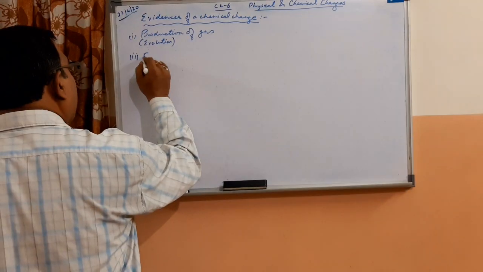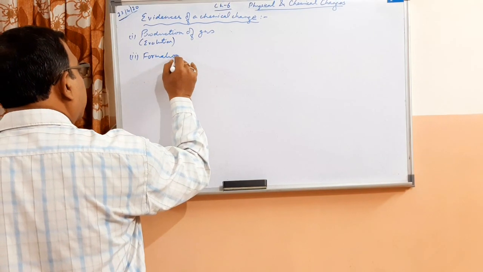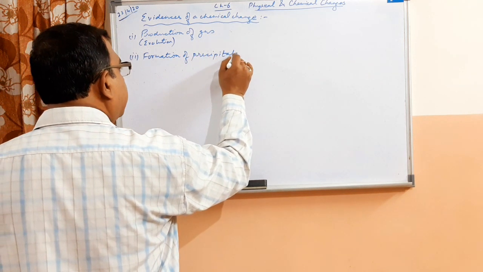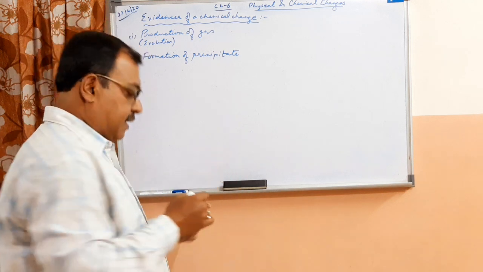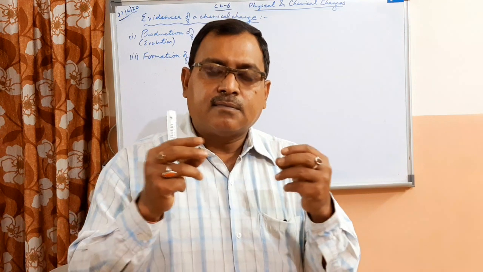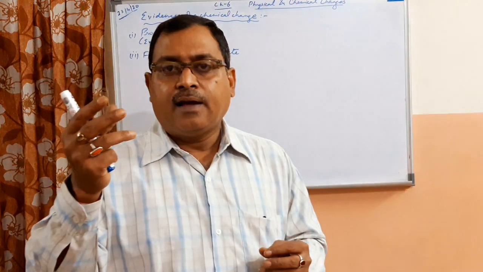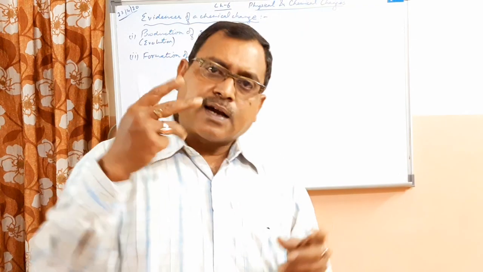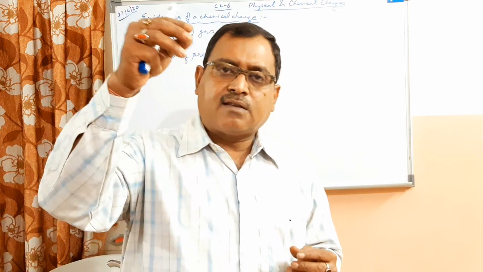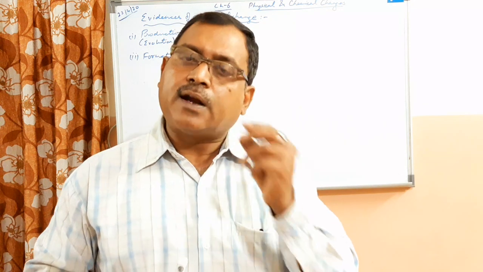Next is formation of precipitate. Now, when two substances react, if you find that the product that is formed is a solid, whether colored or not colored, means whether white or colored, and it settles at the bottom of the beaker, then that solid is called the precipitate.